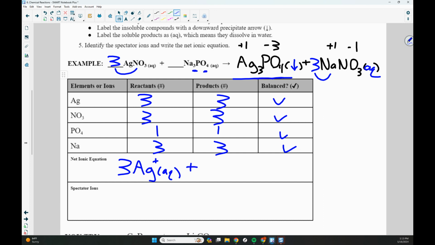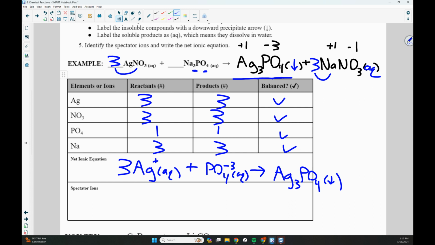And they're going to react with 1 phosphate with a -3 charge, and it's also aqueous. And they're going to form 1 molecule of silver phosphate that is solid. And it doesn't have a charge because it's a compound and it's neutral. All compounds have a neutral charge. So that is the only thing that really happens in this particular reaction.